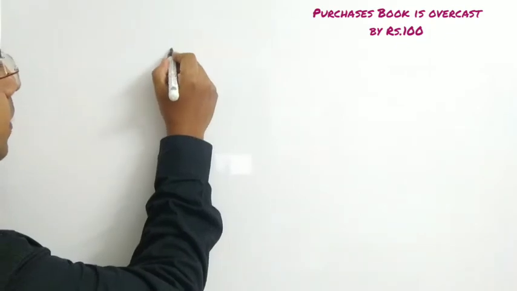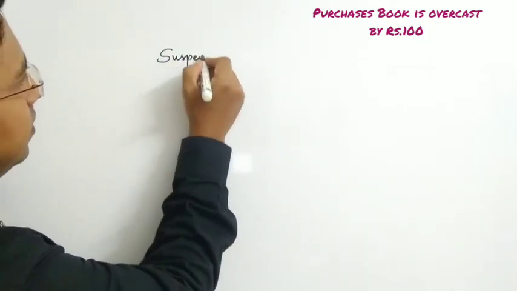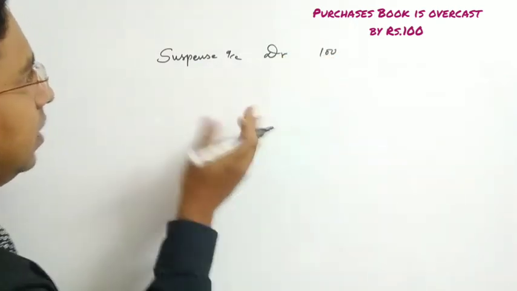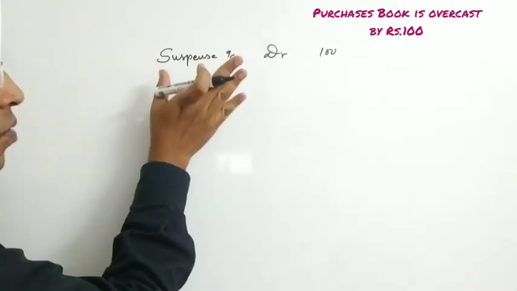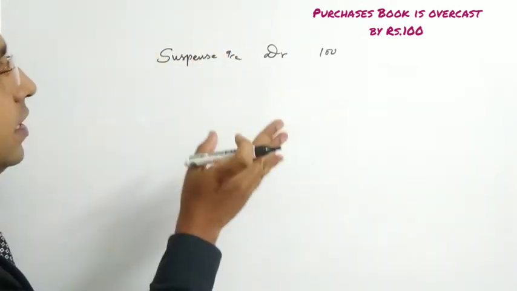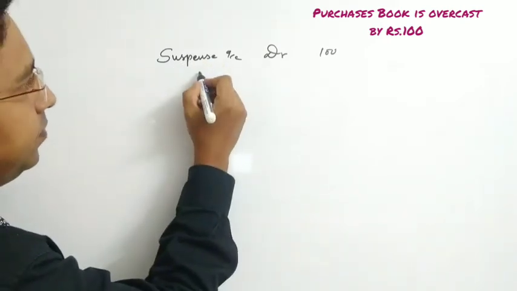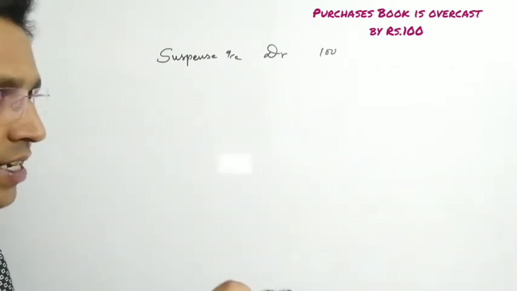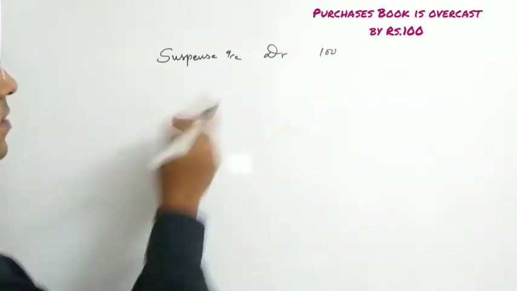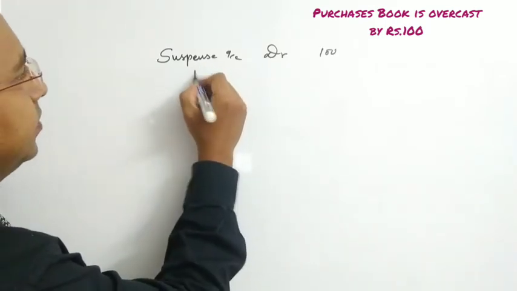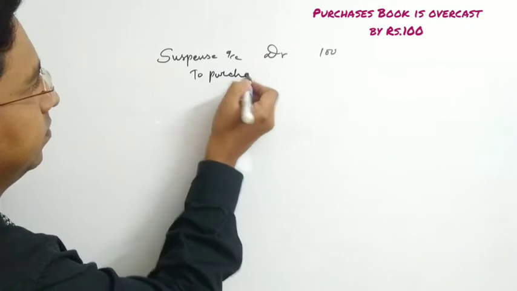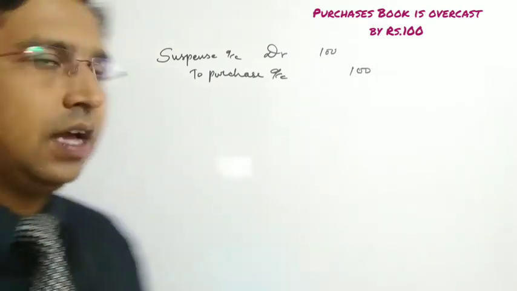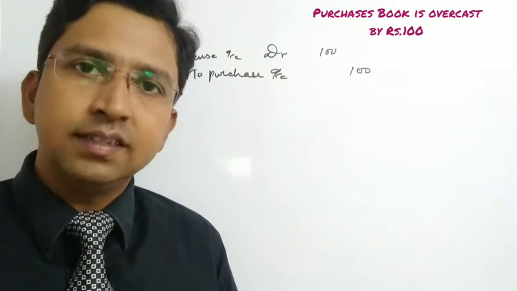So the entry would be: suspense account debit 100 rupees, because that difference amount we have transferred to the suspense account, so from which it is getting reduced. Already the purchase book is overcast, so we have to give the rectification entry. So it should be credited to purchase account. This is the rectification entry if it is a single-sided error.